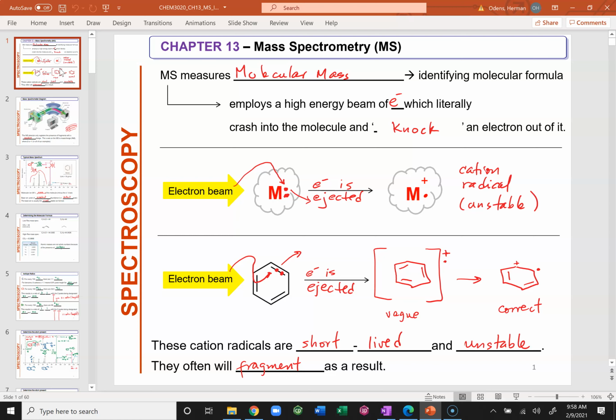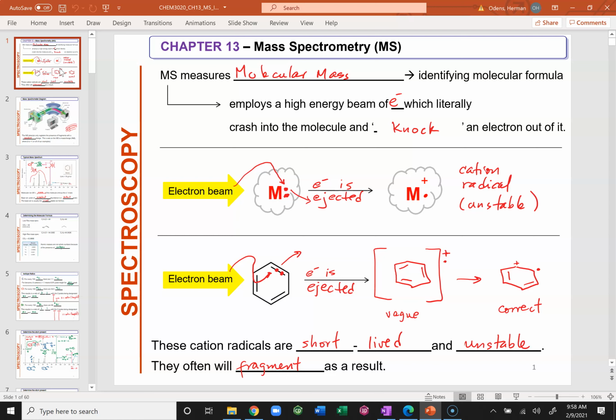Then the next type of electrons that you can knock out are the pi bonding electrons, because those go next on the energy ranking. So you have non-bonding on the top, pi second, and lastly you have the sigma bond electrons. So for the pi electrons, you can also eject an electron like that by kicking it out.